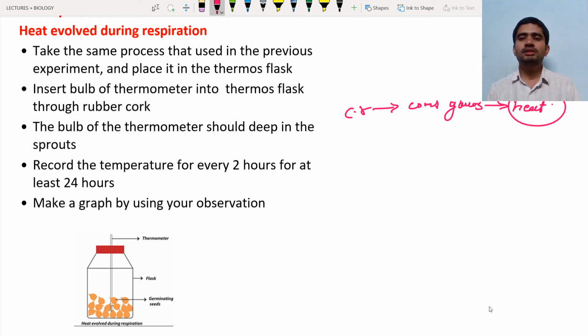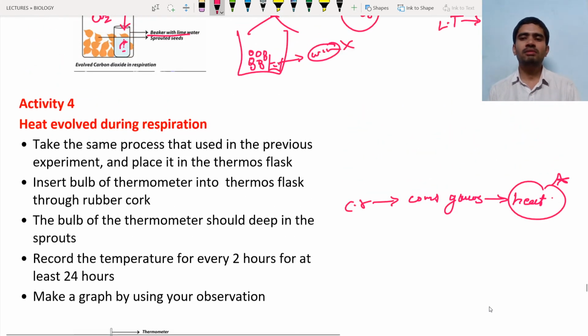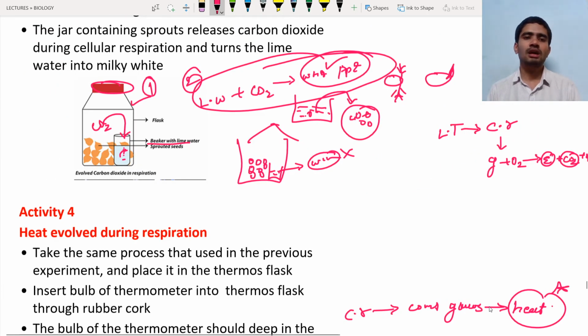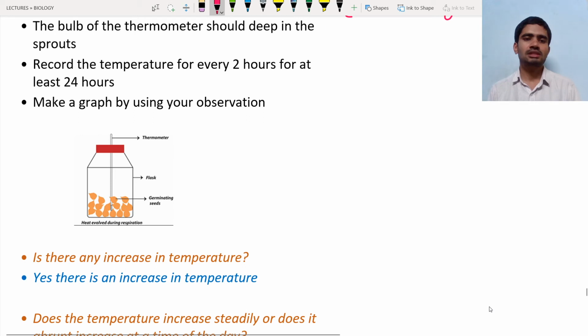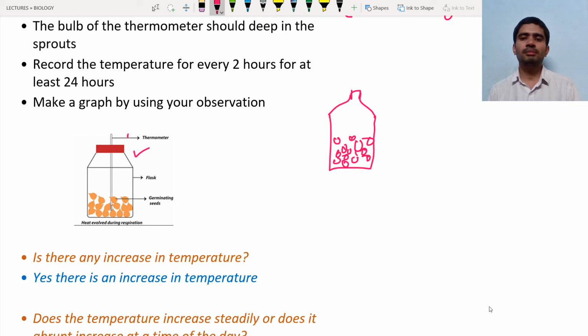How will we show it? In the previous experiment we took the sprouts or germinating seeds. We carefully take out these sprouts and transfer them to a thermos flask. Inside the thermos flask we put the germinating seeds, and we should not put any lime solution over here, just fill the seeds up to some extent.